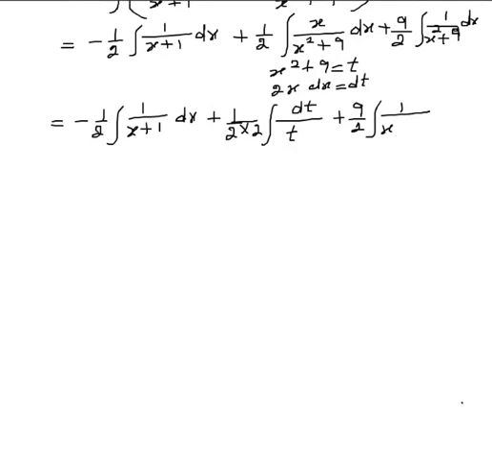So we will write it in x squared plus a squared form. It becomes x squared plus 3 square dx. And the formula for integral 1 divided by x squared plus a squared dx is 1 by a tan inverse of x by a.